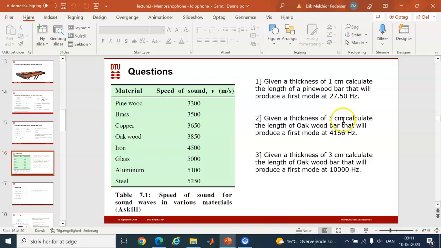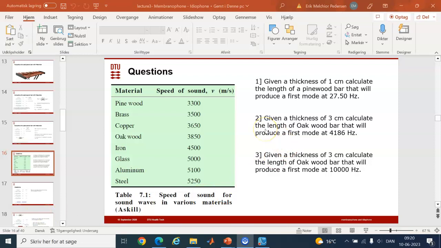And then with 3 centimeters thickness, an oak wood bar that will produce a mode of 4186 Hertz, and so on.